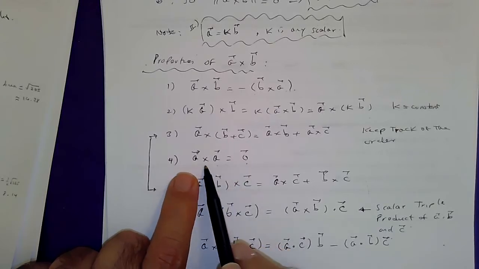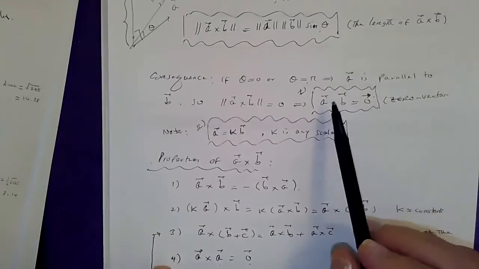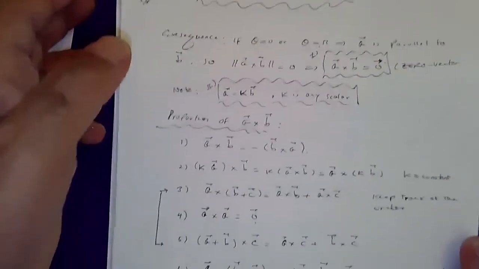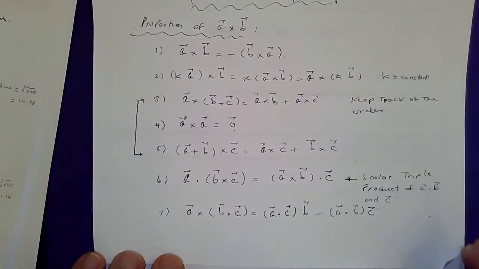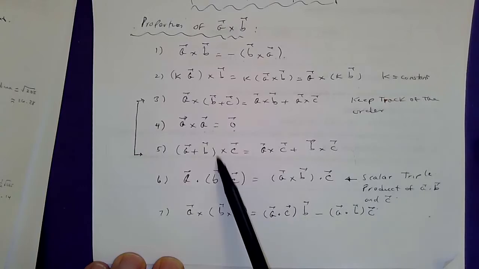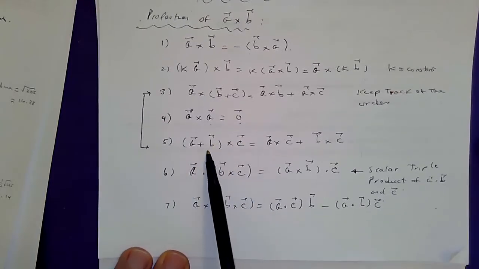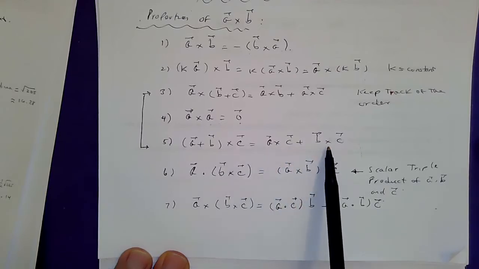Why? Because any vector is parallel to itself, and we just found out that if the cross product of two vectors is the 0 vector, they must be parallel. And since a vector is parallel to itself, because it's a scalar multiple, like 1 times itself, therefore it's 0. The quantity A plus B cross C is A cross C plus B cross C. Keep track of the order.